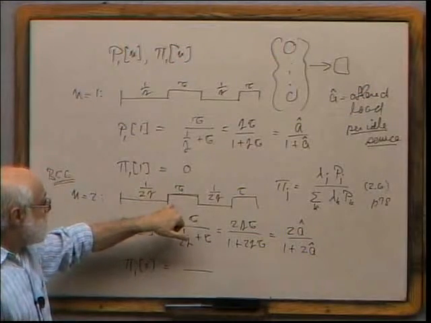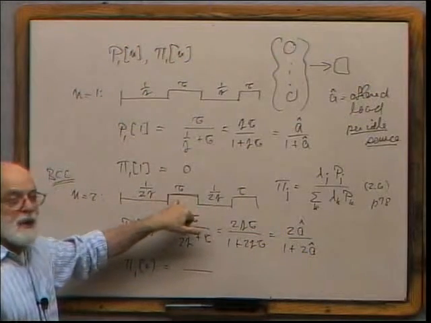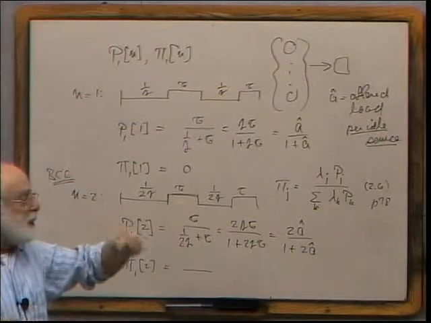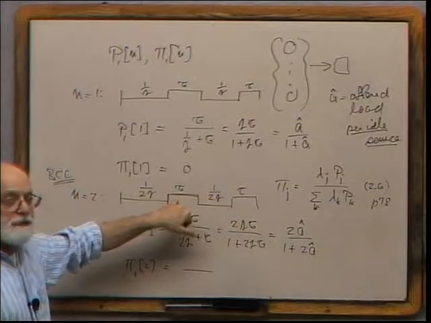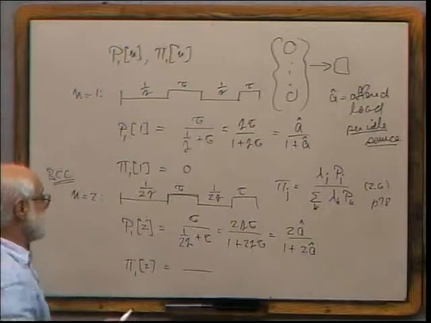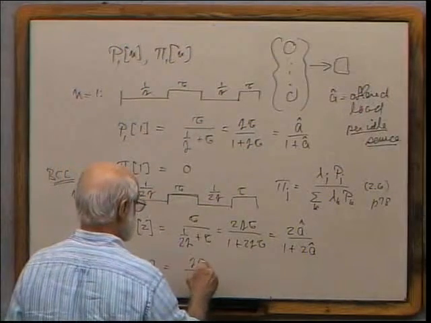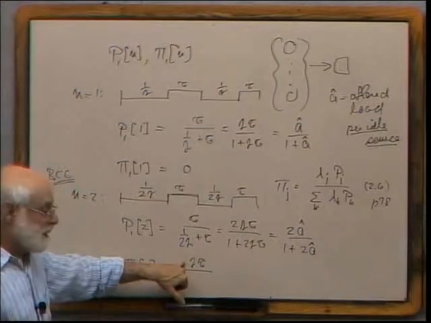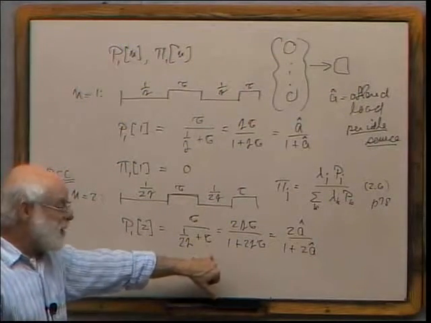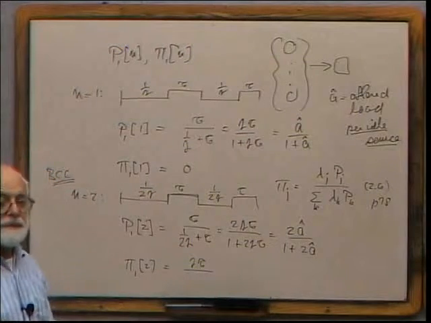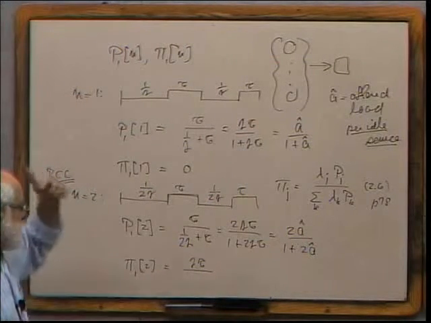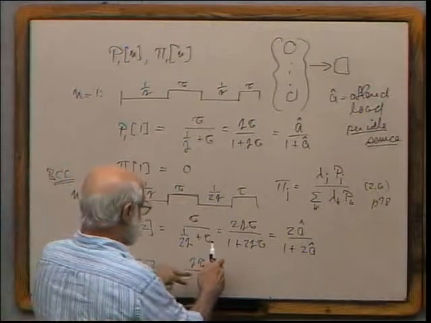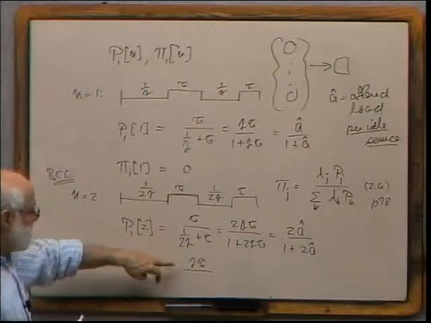So the average number of requests made by the guy who is not using the server is gamma times tau. That's the request rate when idle times the average time. That's the number of requests that find the system in state 1 in a cycle.